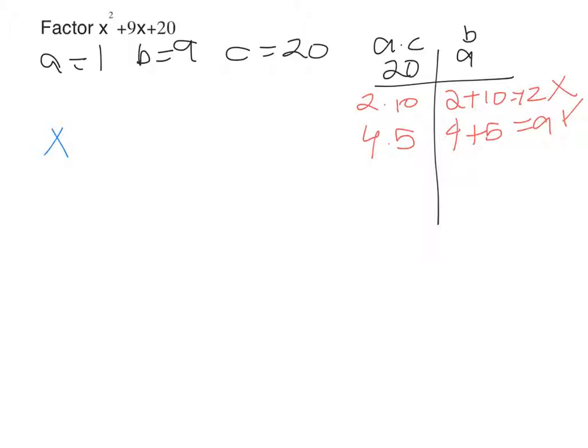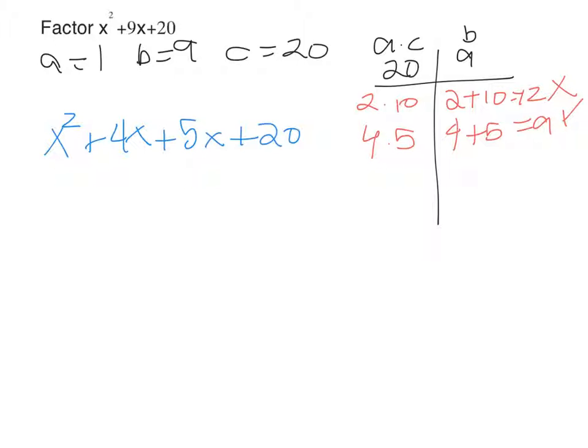So we have x squared plus 4x plus 5x plus 20. It doesn't matter if you write the 4x or the 5x, in which order you write them. Your end answer will be the same. The steps between now and the end will be slightly different.